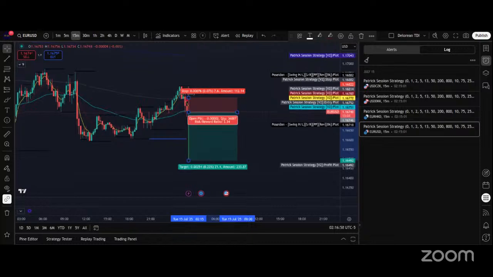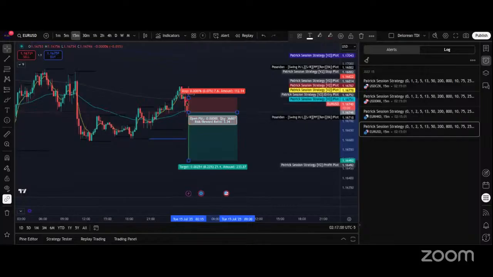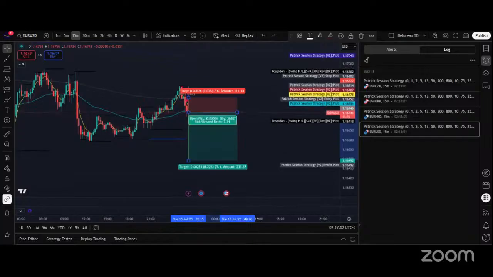Stop loss is going to be at 1.16822, for 8 pips. Entry price is going to be 1.16746.